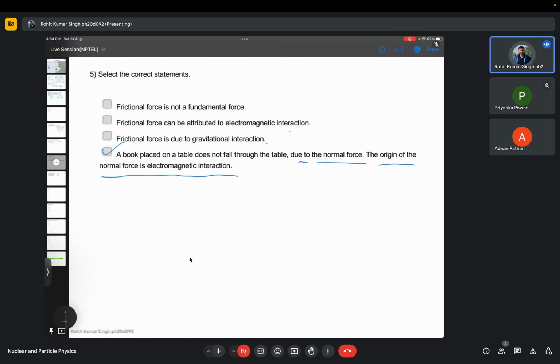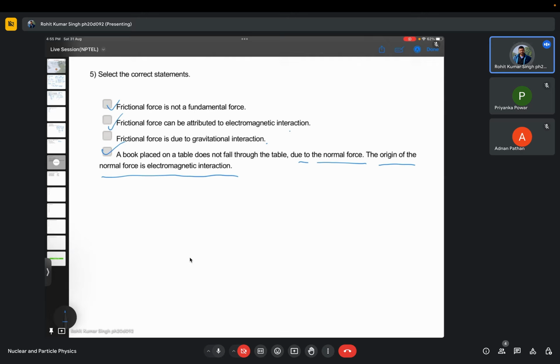But here it wants to say that the origin of frictional force is gravitational, which is wrong, right? So for that the third is wrong, and the first and second are also true. It is not a fundamental force and can be attributed to electromagnetic interaction.